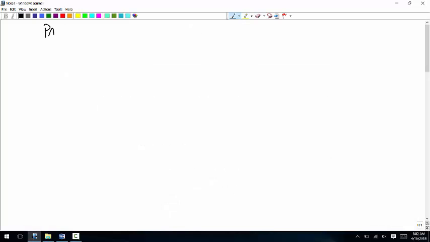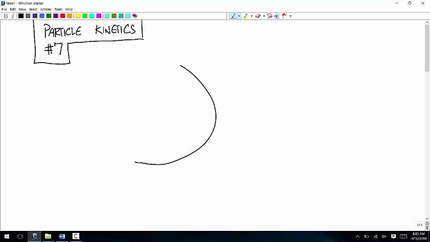Okay, so particle kinetics number 7. This motorcycle is going through a circular path, and we're talking about right up at the top.